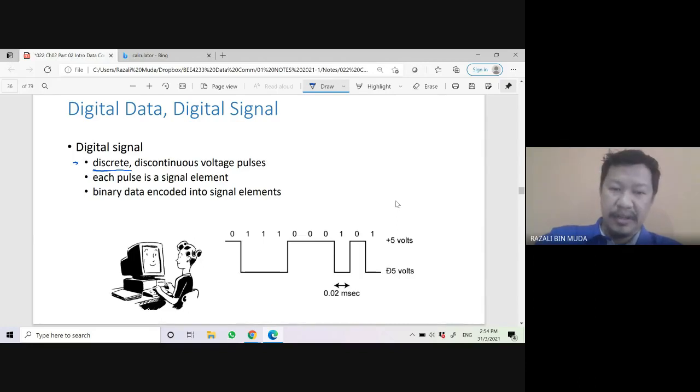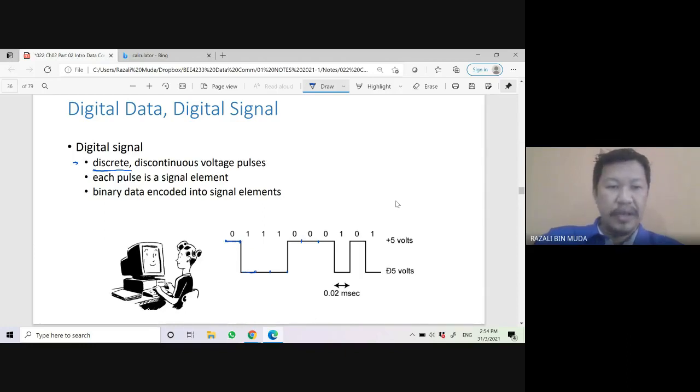For this signal, it has this part from here to here, and for this signal, here. It is discrete, one by one. 0, 1, 0, 1. You can see the difference between this signal and the next signal.